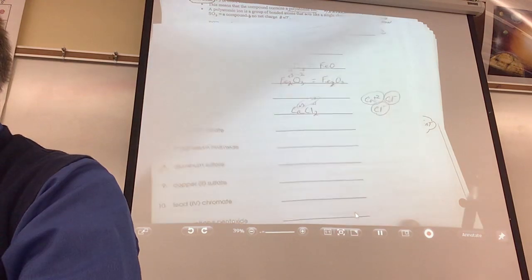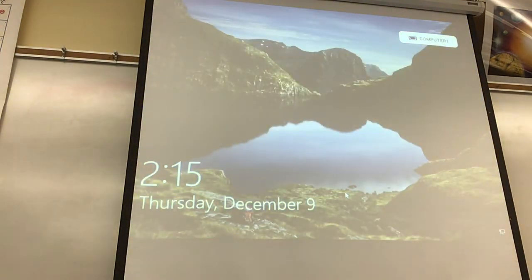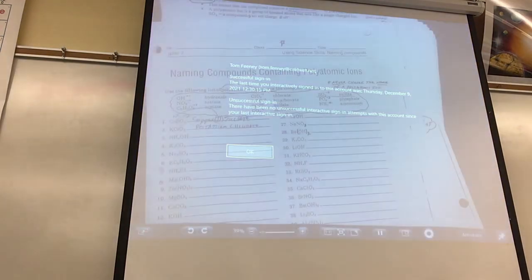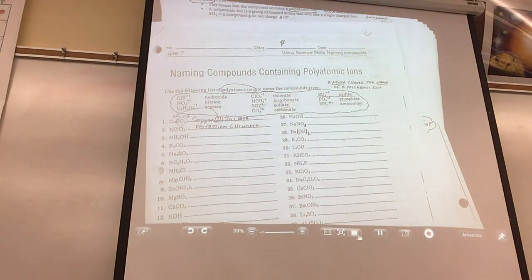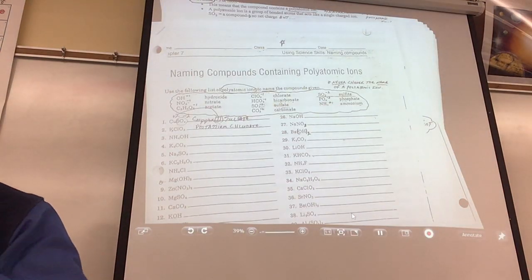Is what happens when... Oh, we can't see. Sorry. Find a sheet of the homework where they give you the name and you have to come up with a formula. Can you find that page?